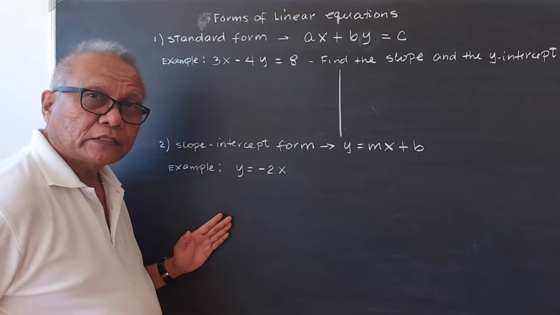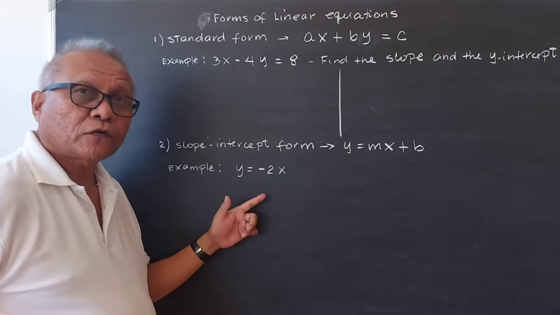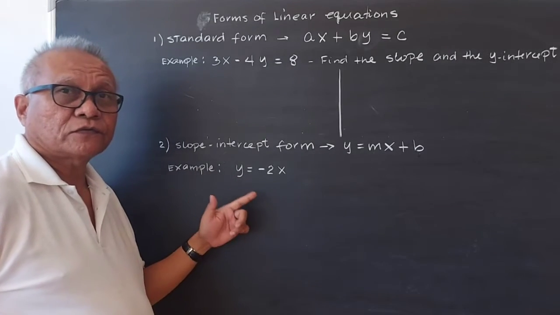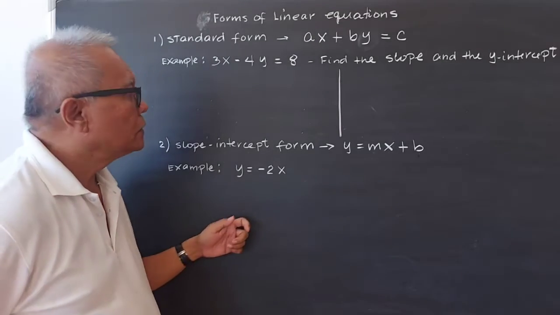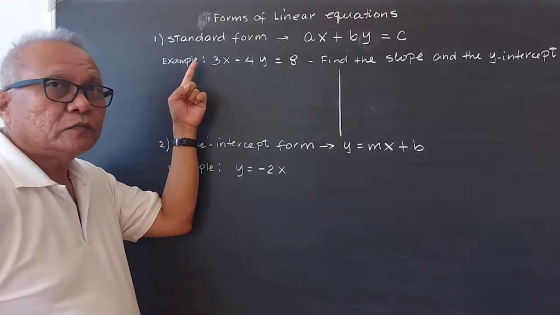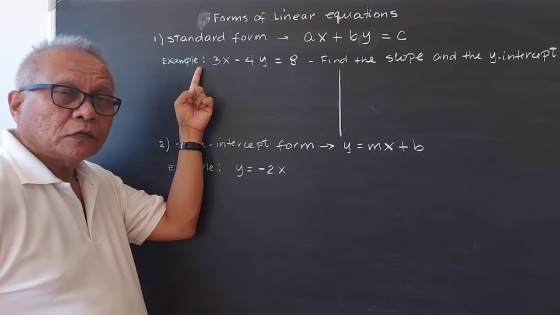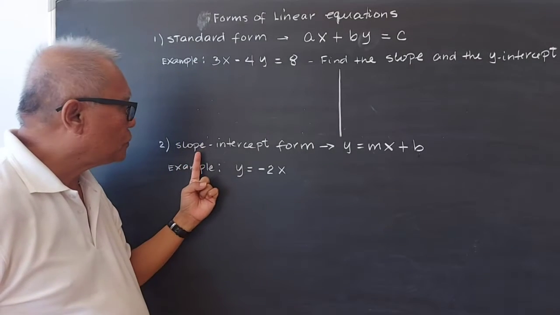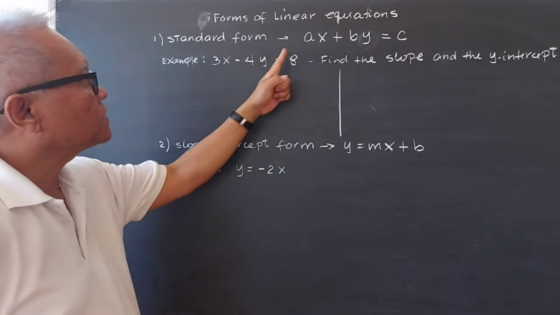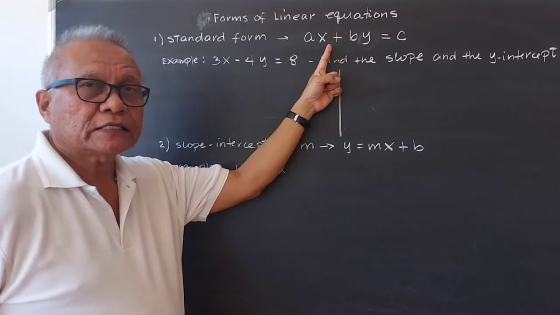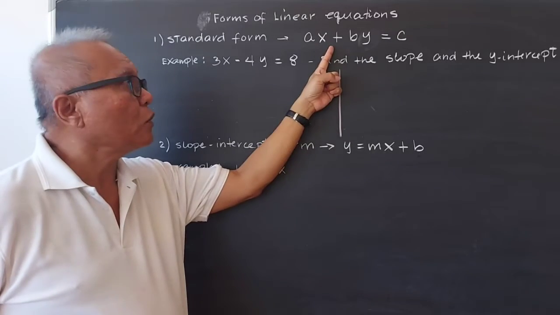The third one, point-slope form, is useful for forming linear equations. So if we have the standard form, we will change it into slope-intercept form. Now, in this form, what is the y-intercept and the slope?